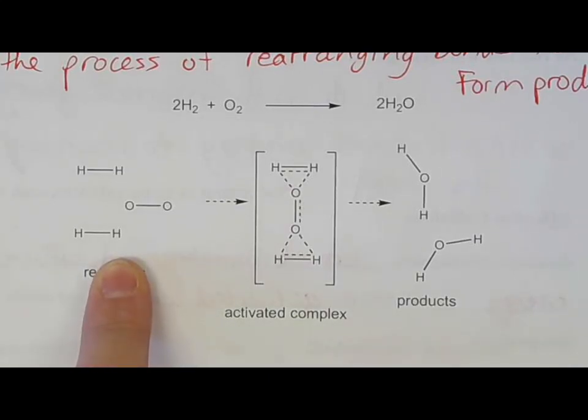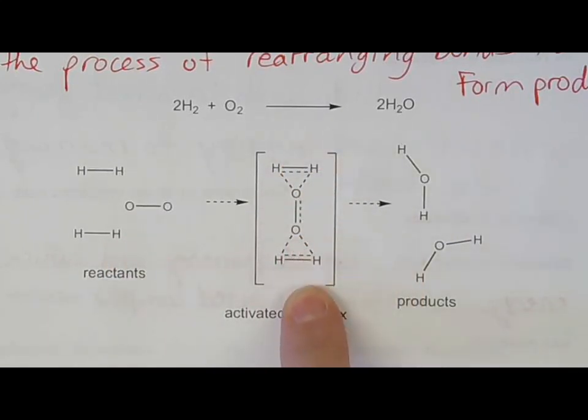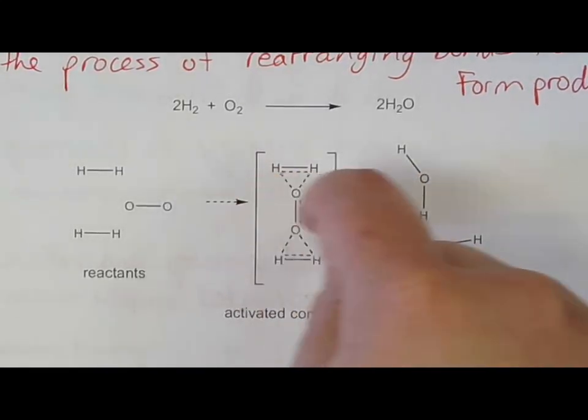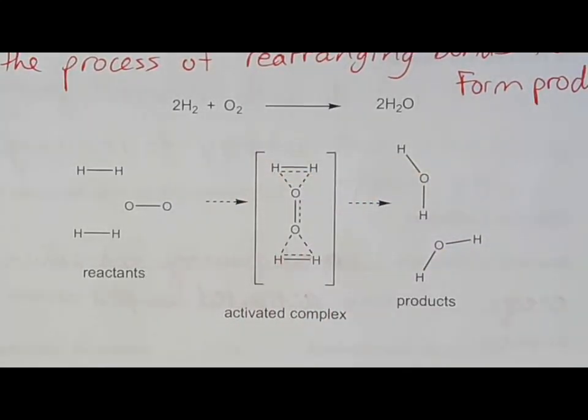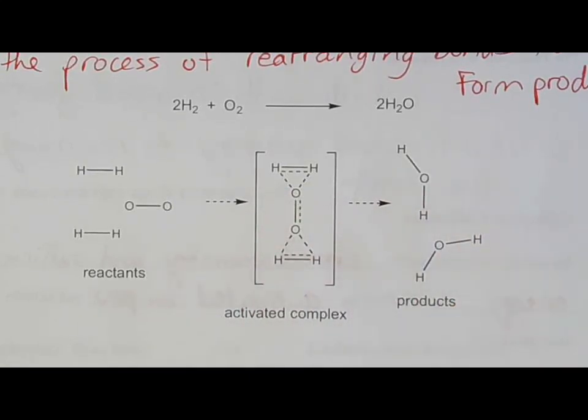So what are you doing? You're just sticking these guys together. So they're going to form this activated complex briefly, and as you can probably guess, there's going to be a breaking of this double bond of oxygen here. And when that bond is broken, you now have two water molecules, all balanced and everything, like we have been learning all along. We always kind of brush over this activated complex part because, you know, it was complicated enough.